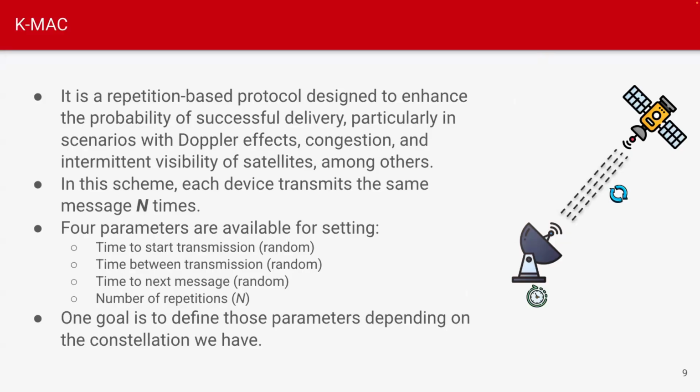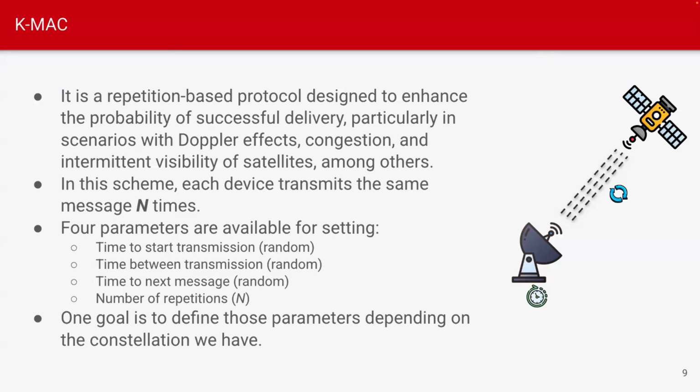So you want to send one packet, and we have multiple parameters. The first parameter is the time to start transmission. When you have a packet, we wait a random time before sending the first packet.